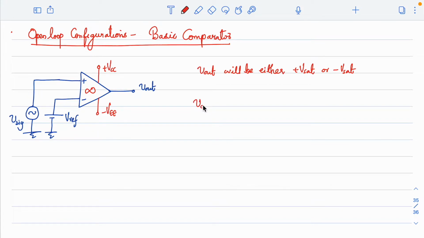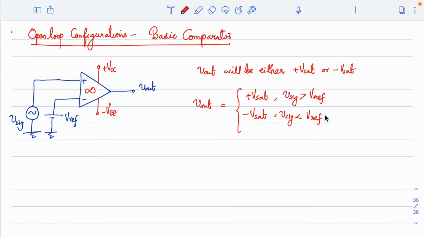Your output voltage will be either plus Vsat or minus Vsat. Output will be plus Vsat when your V signal is greater than Vref, and if your V signal is less than Vref, output will be minus Vsat.